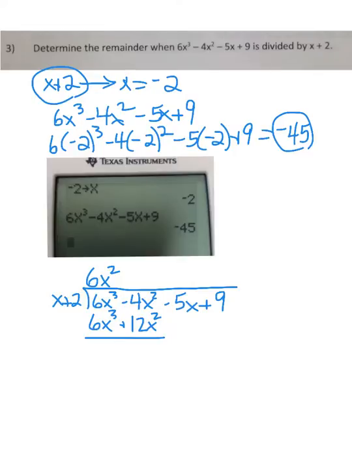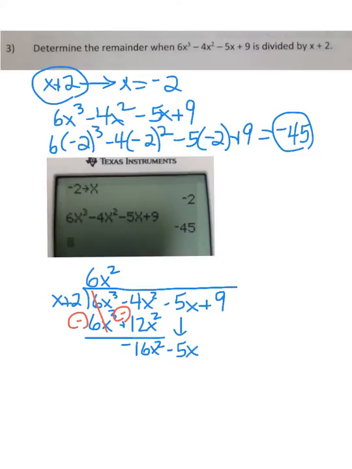Then, like usual, I'm going to change and circle, change and circle. I'm going to cancel out those x cubed terms, and then I'm going to add, and I will get negative 16x squared. Let's bring down that negative 5x, and let's start again.